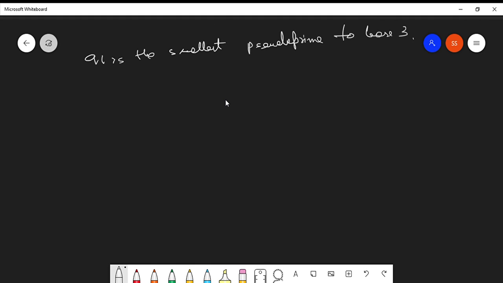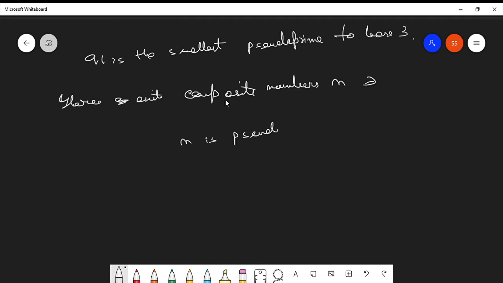There exist composite numbers n such that n is pseudo prime to every base a.